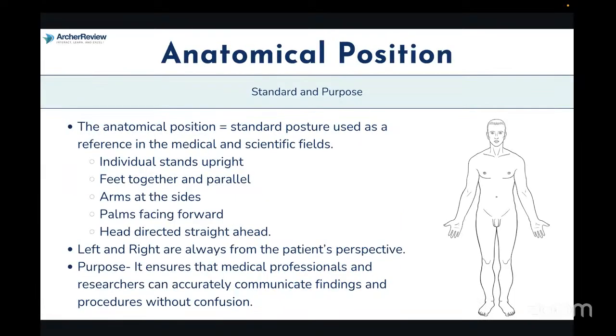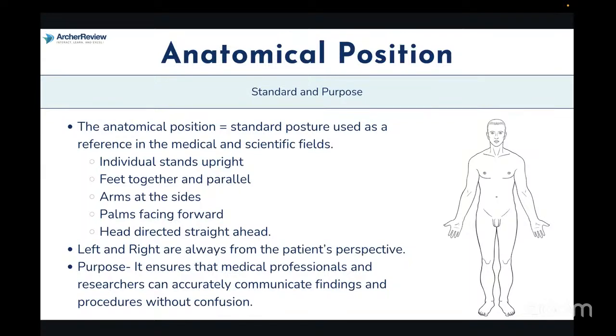So what does that language look like? First, it's all framed around anatomical position. Remember, anatomical position is just standard posture, and that includes standing upright, feet together and parallel. Your arms are rested at your sides, but your palms are facing forward. So notice how that thumb is away from your body. Your palms are facing forward, and that head is directed straight ahead.